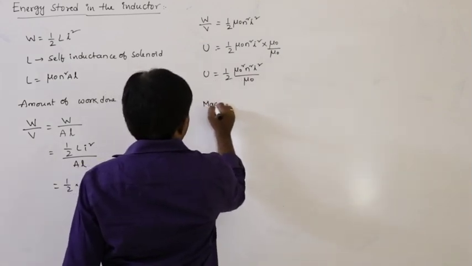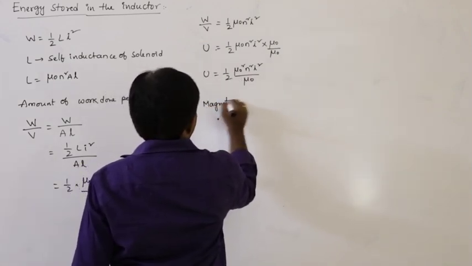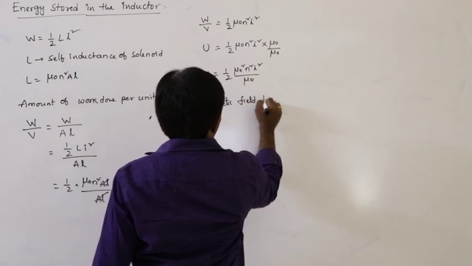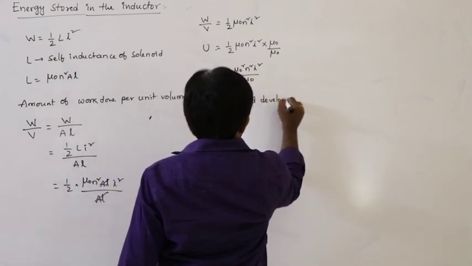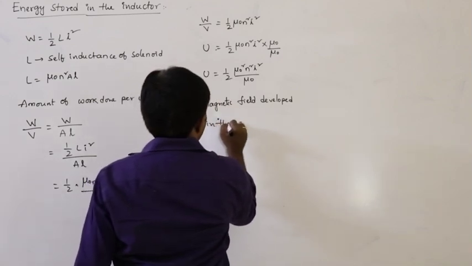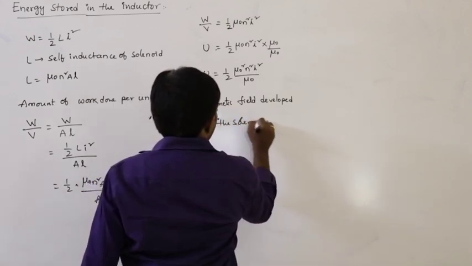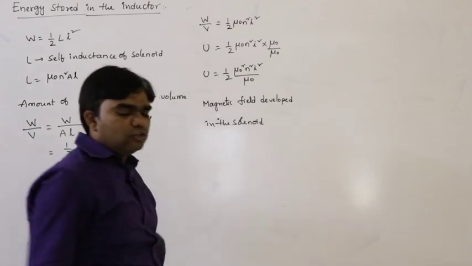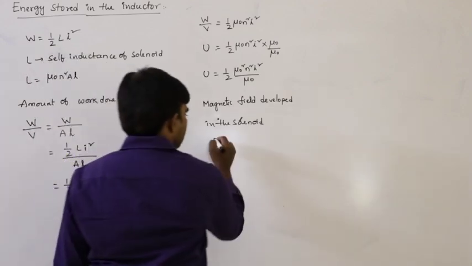Now, the magnetic field developed in the solenoid. What is the magnetic field developed in the solenoid due to the flow of current? What is the formula?